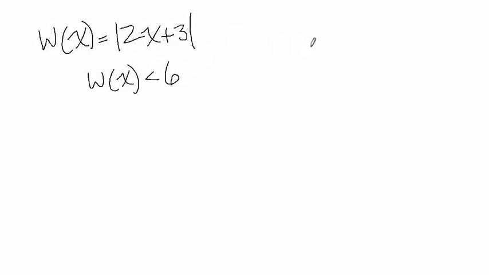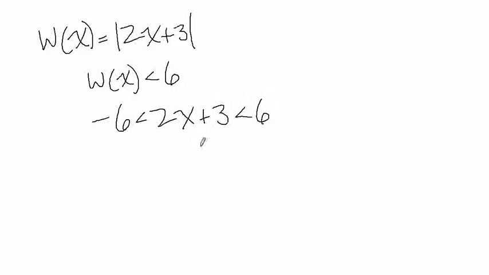Okay, so I know that points on the number line where the distances are less than 6 from the origin correspond to x values between -6 and 6. So 2x plus 3 has to be between -6 and 6.